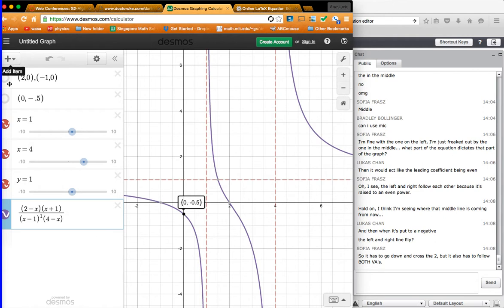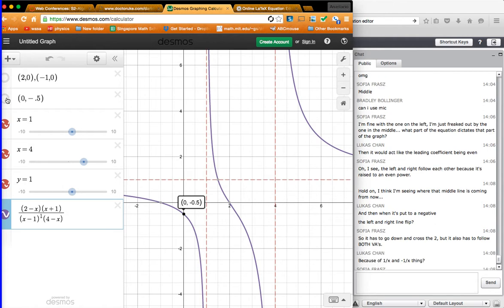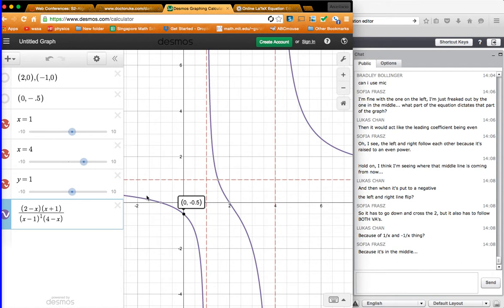Okay. So the left one and the right one, kind of, they meet at one point. Then the middle one goes. It's almost like a cubic function in the middle? Oh yeah, cubic. Okay, yeah. So it's almost like an upside down cubic function, because a cubic function looks like this.